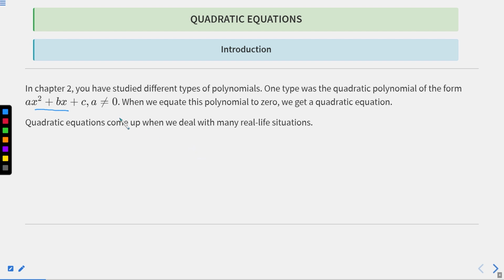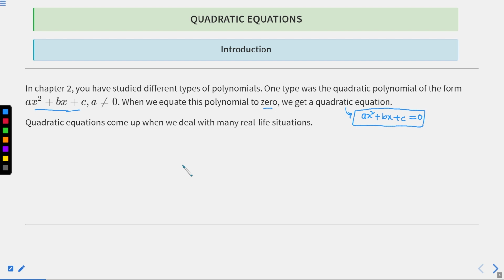When we equate this quadratic polynomial to 0, that is, ax square plus bx plus c equals 0, we get a quadratic equation. Quadratic equations come up when we deal with many real life situations.